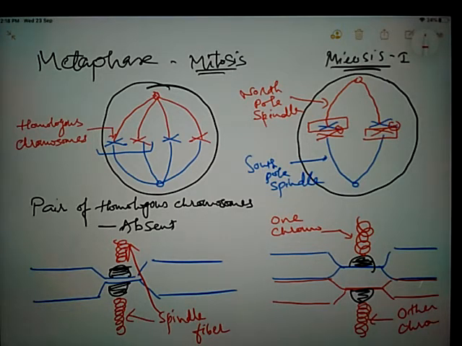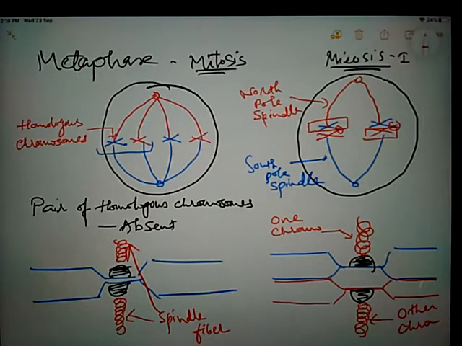So this is how the double layer of the metaphase plate or equatorial plate is to be considered.